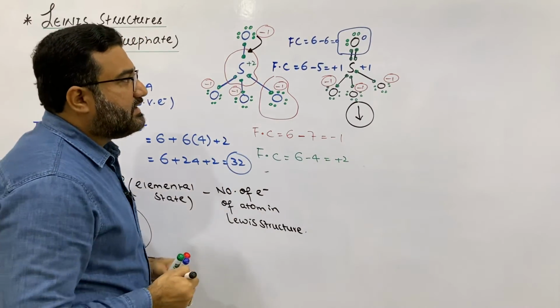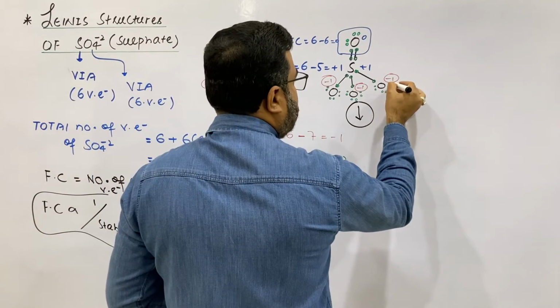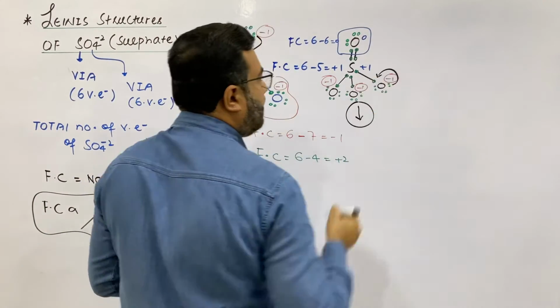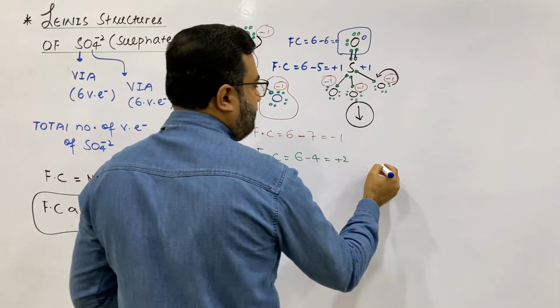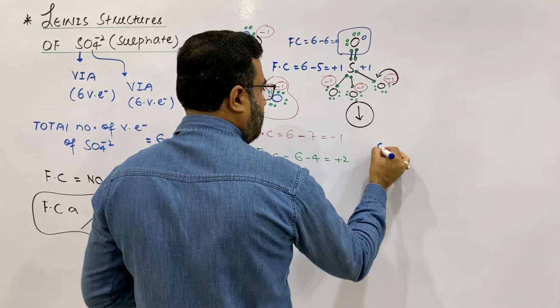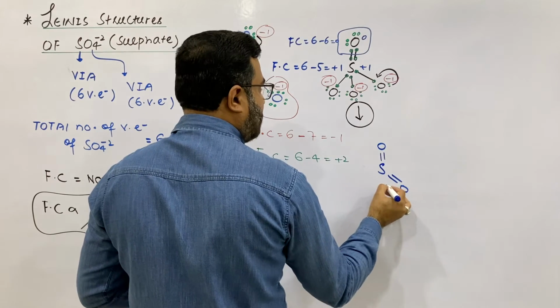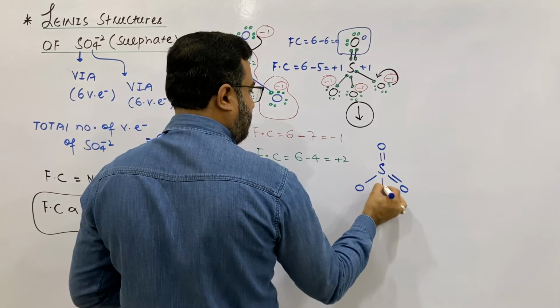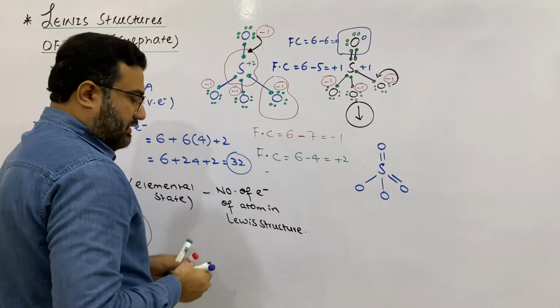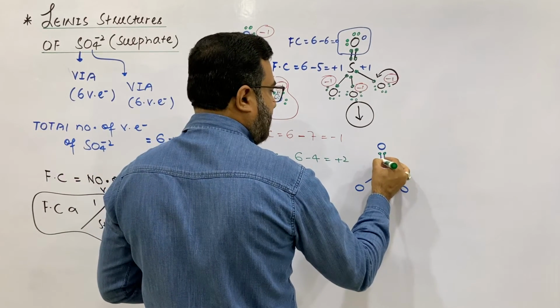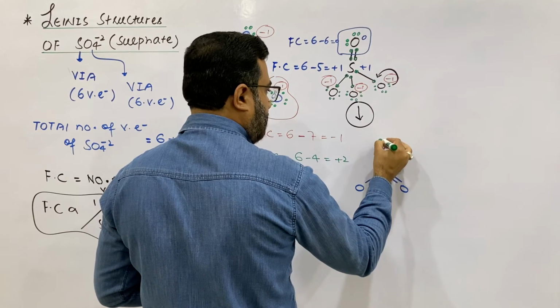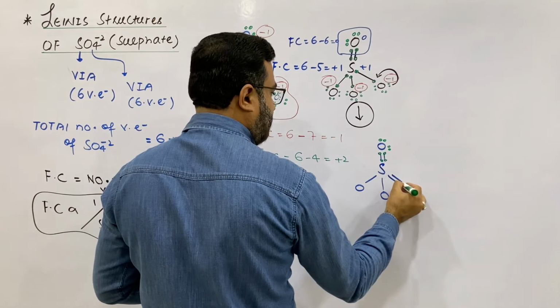Now let us make another structure in which another oxygen contributes its lone pair to form a double bond with the sulfur. It will be something like this. Now both these oxygens will have two bond pairs and two lone pairs of electrons.